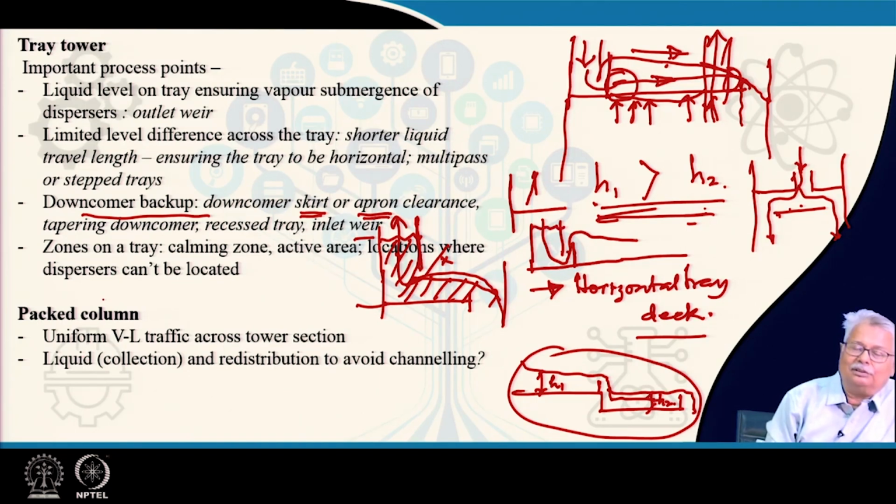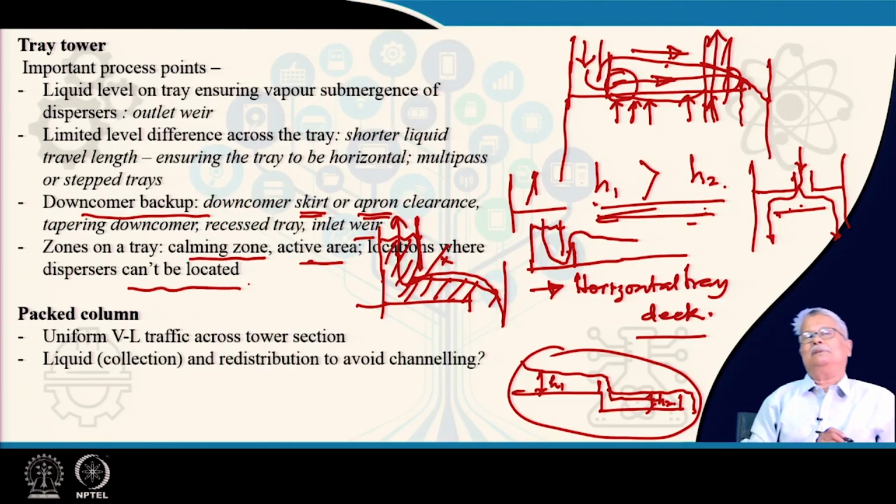We have talked about the tray construction in the last class. There we have mentioned about the coming zone, the active area, and the locations where dispersers can be located. We will have a look at that once more. The operating parameter in case of a packed column is that we would always like to have a vapor liquid uniform traffic across the tower section.